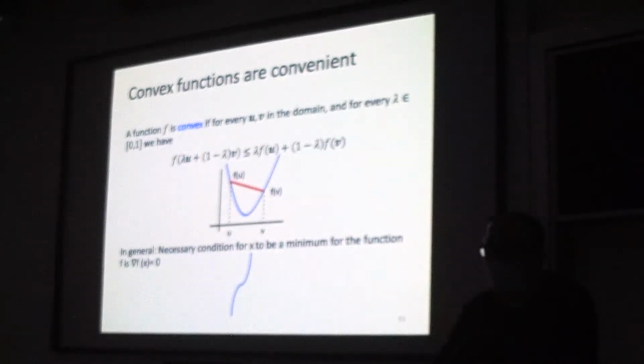But is the opposite true? In other words, if I tell you, here is an x, and the gradient of your function at x is 0, can you claim that x is a minimum of the function? The answer is no. Why? Because a gradient of 0 might correspond to a maximum, or it might correspond to a minimum.